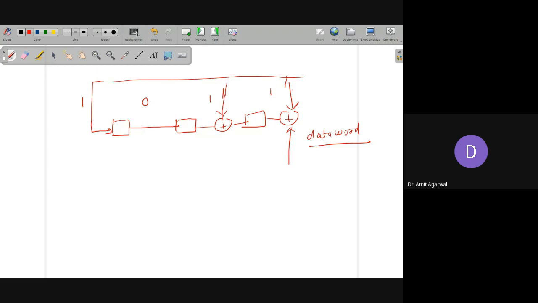I have to change the directions of this. Excuse me for that. So we put our data word like this, and then your data word goes in that direction. And how do you put your data word?